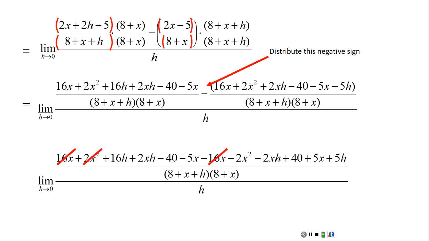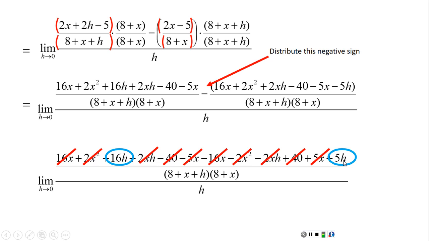Then we have 2x squared minus 2x squared. 2xh minus 2xh. Negative 40 plus 40. Negative 5x plus 5x. So all I have left is the 16h over here and the 5h right there.